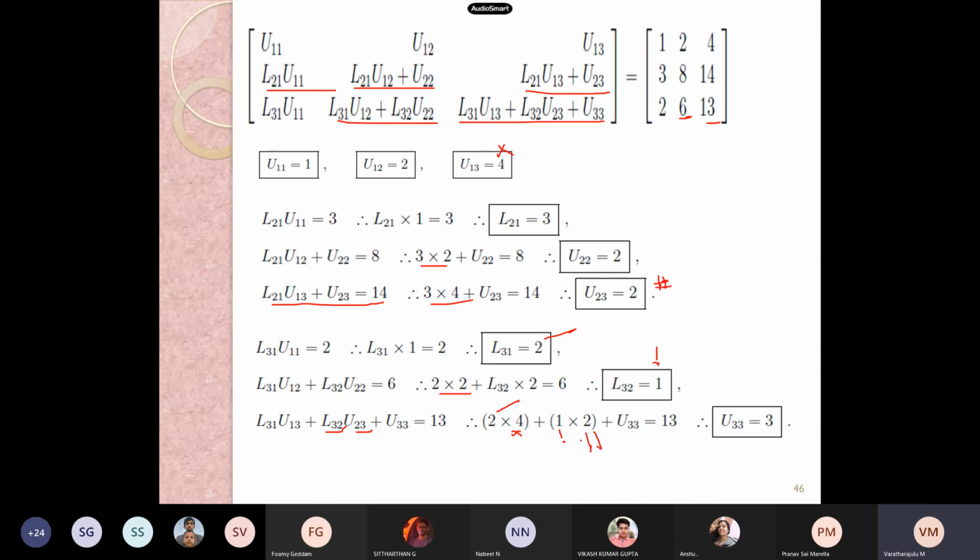Therefore this becomes 8 and this becomes 2. Therefore 10, and U33 is equal to 3.